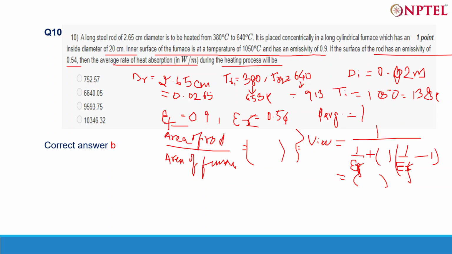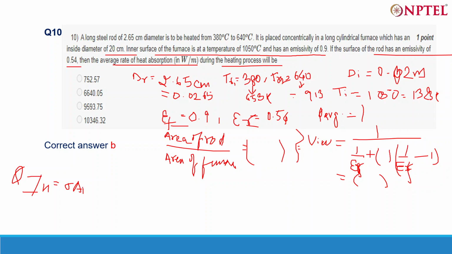Now if you have the view factor, now you need to evaluate the initial rate of heat absorption, Q in, I am terming it. So it's sigma A1, that is sigma, you know, 5.67 into 10 to the power minus 8.